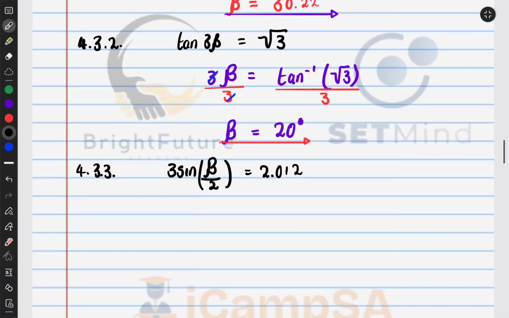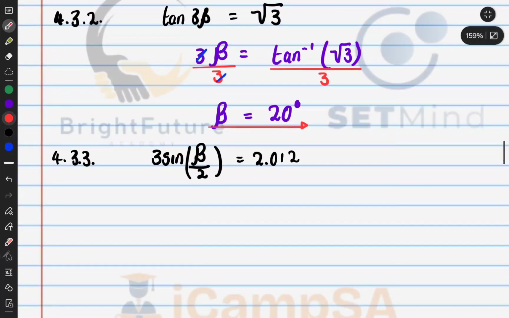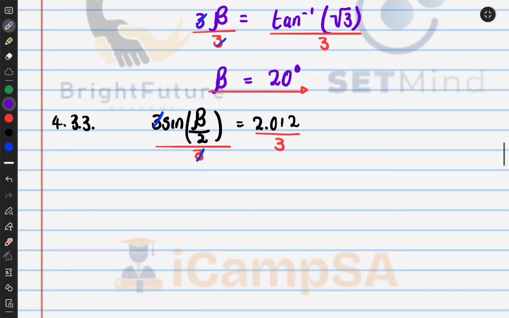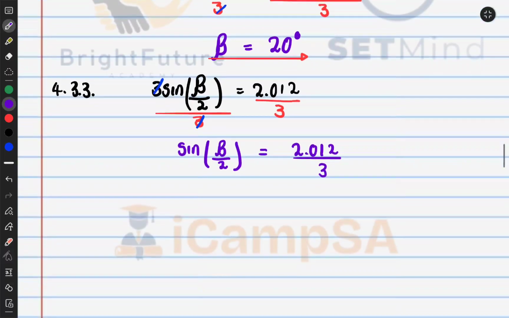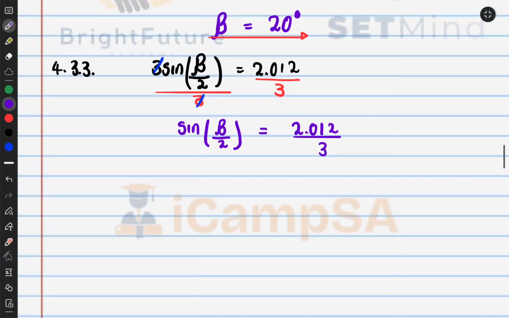Double check. Yes. Okay, first thing first, we divide by 3 on both sides. This 3 will cancel this one, therefore we're left with sine of beta over 2 is equal to 2.012 over 3.